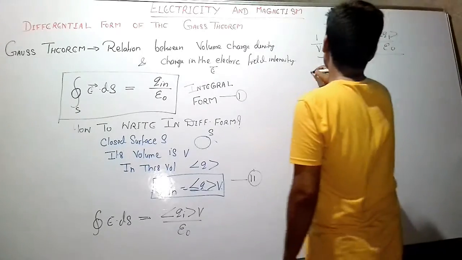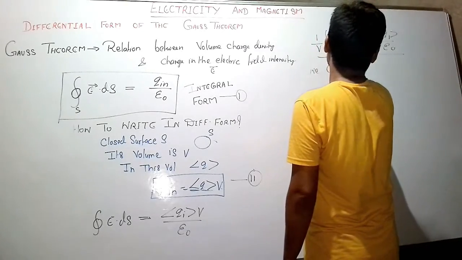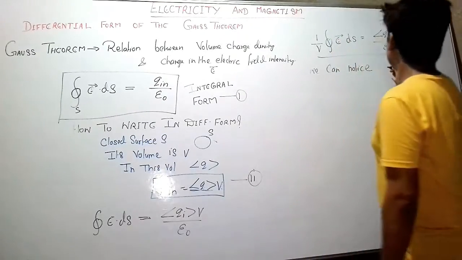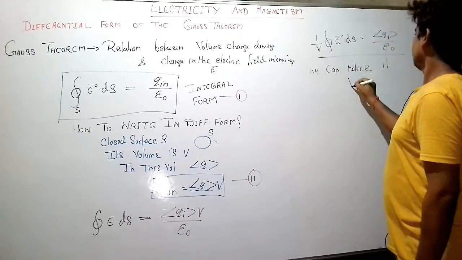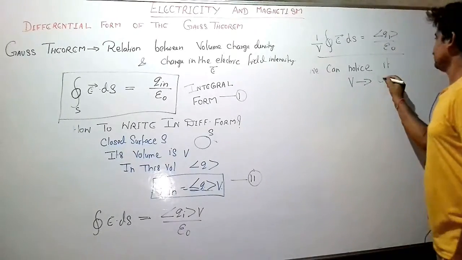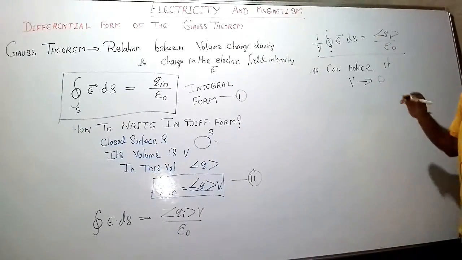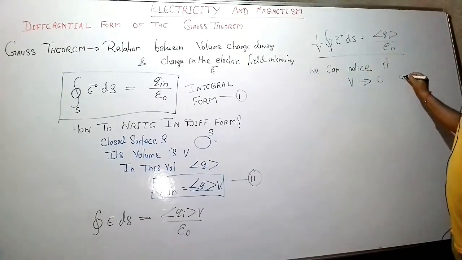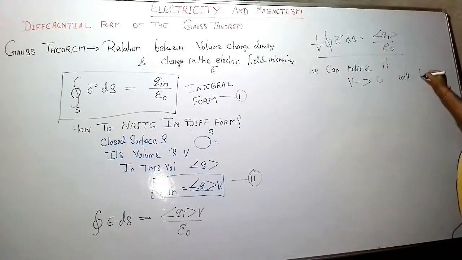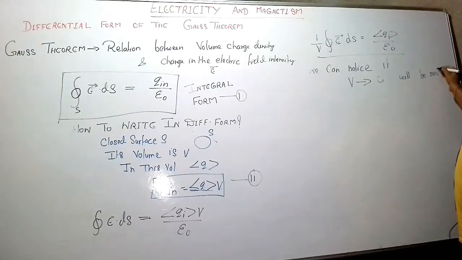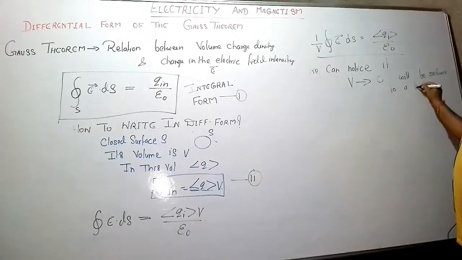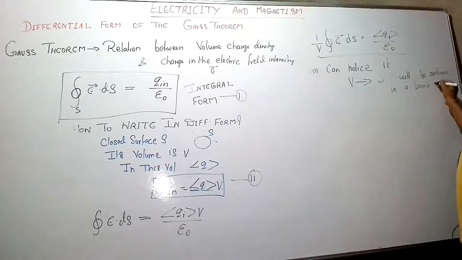Now we can notice, if V tends to 0, then what will happen? This whole term will be reduced to a point charge.